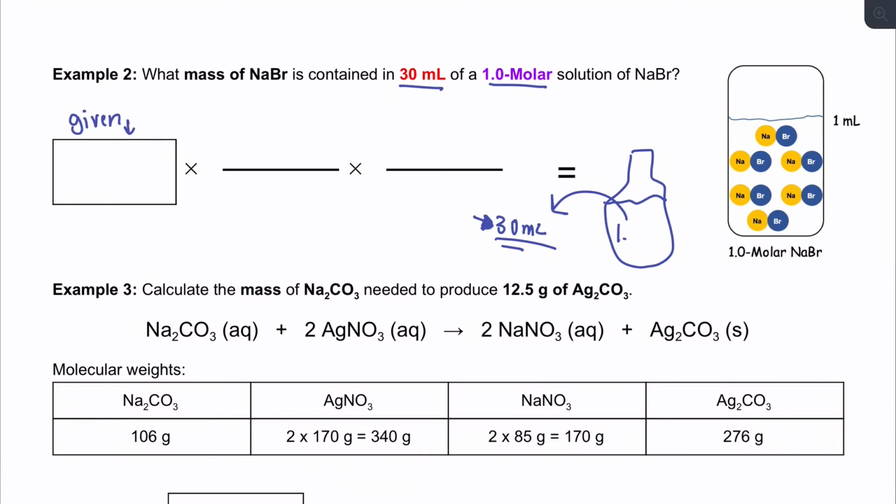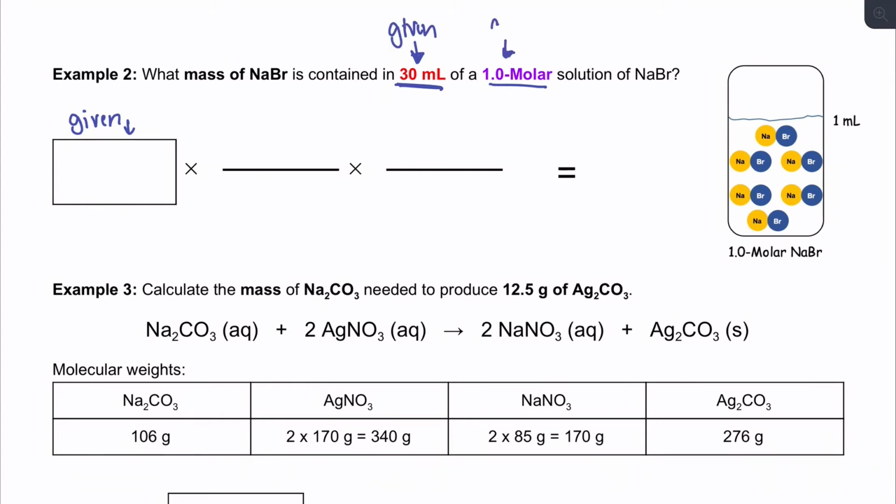Whereas if this is a 1 molar solution, that is just a fact. It just is a 1 molar solution, and we're not going to change that. And there really is no measurement here. And so therefore, the 30 milliliters, which we have put in red, is the given, and the 1 molar is a conversion factor.